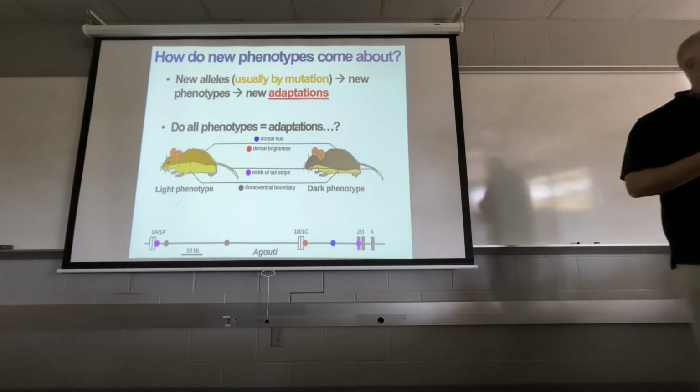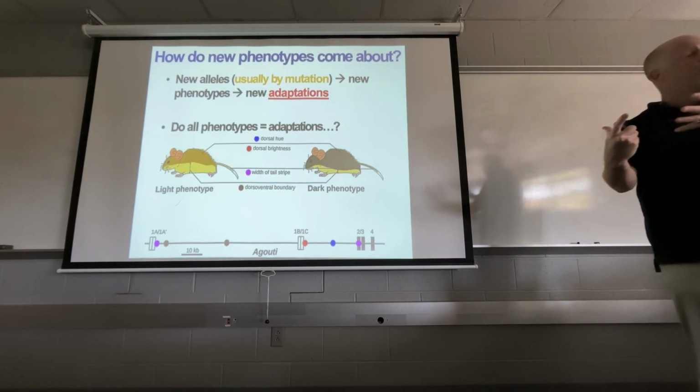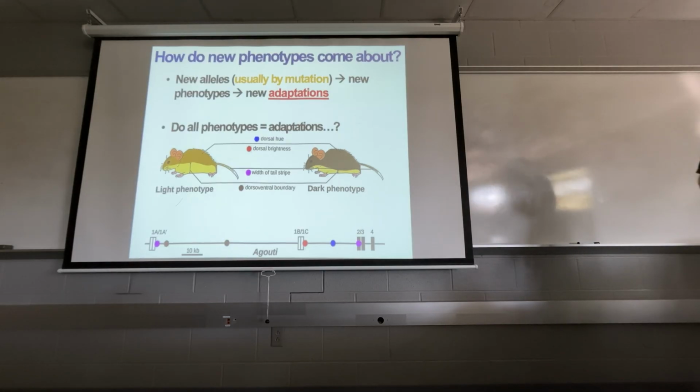Remember, with migration, some individuals from a different population come in and deliver some new genes, right? Deliver some new alleles. But in any case, when new alleles do arise from mutation or migration or some other way, then we're going to get new phenotypes. And new phenotypes can sometimes lead to new adaptations.